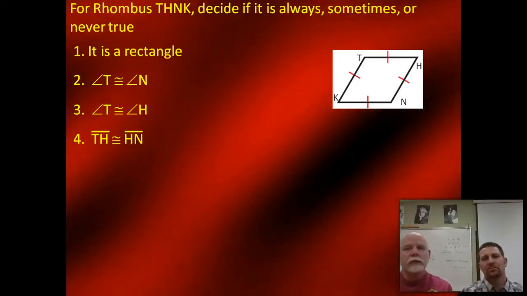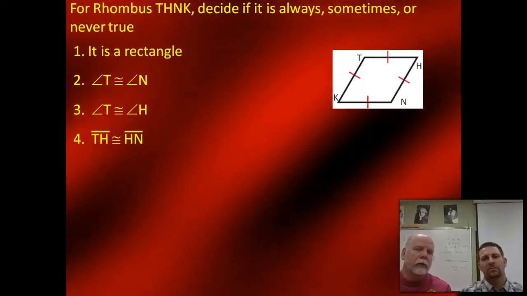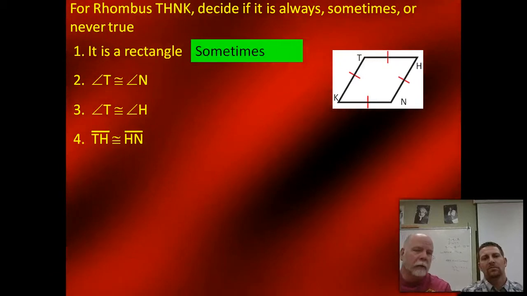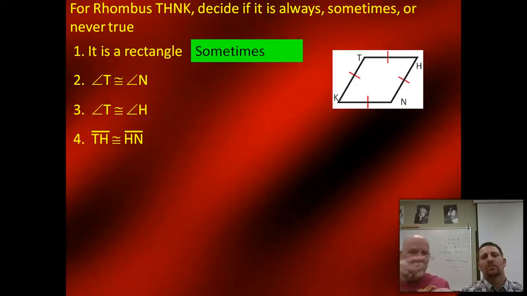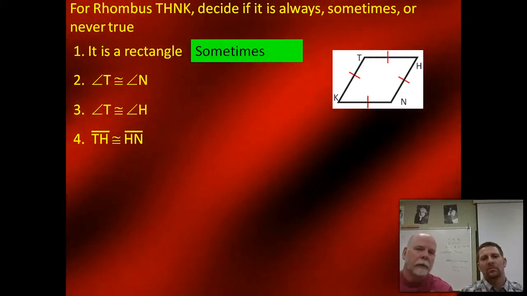And so the two extremes, always and never, are not going to necessarily happen here, but it could potentially be a rectangle. So sometimes a rhombus is a rectangle. And the diagram Mr. Bedell was just talking about, if you do the sometimes, that would end up working that way.